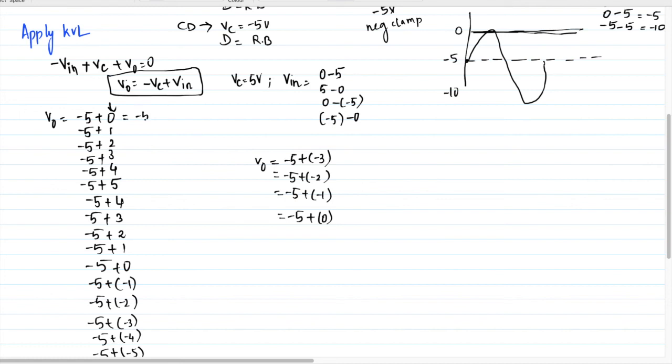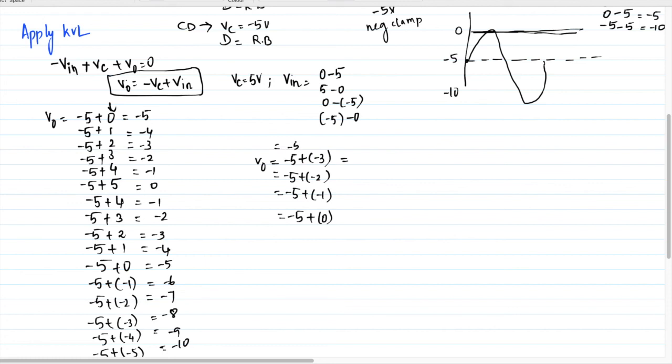So just calculate this: minus 2, minus 1, 0, again minus 1, minus 2, minus 3, minus 4, minus 5, minus 6, minus 7, minus 8, minus 9, minus 10.